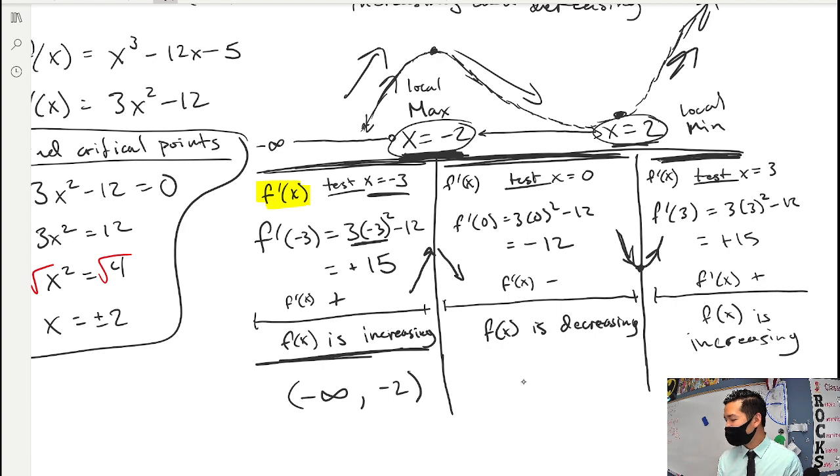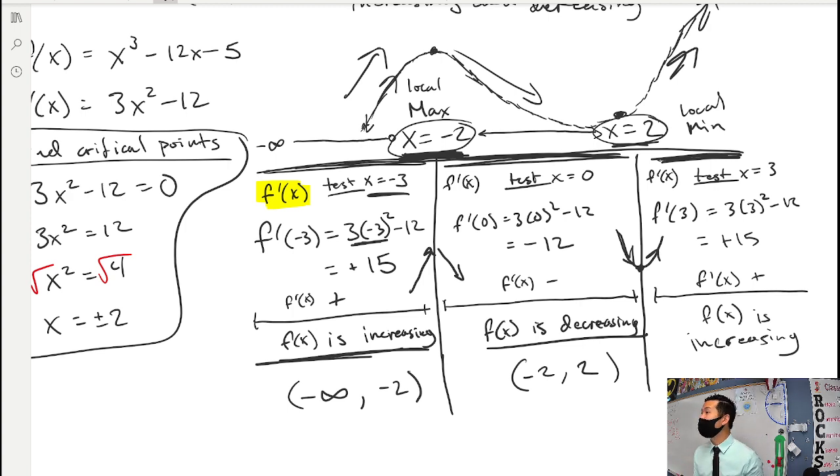How about here in the middle? What would be the interval notation for this one? That's between -2 and 2. Literally. So I would say from -2 to 2, the function is decreasing. Does that make sense? So for the last part for increasing, I would combine these two together. This would be from 2 to what? Positive infinity.